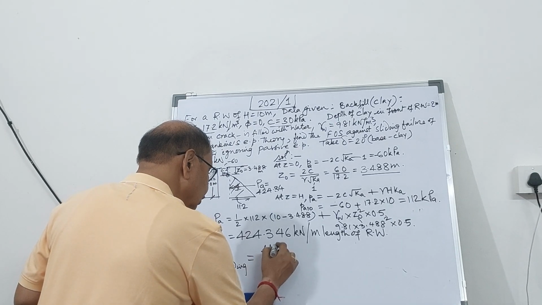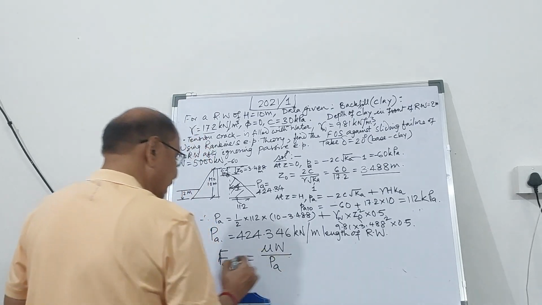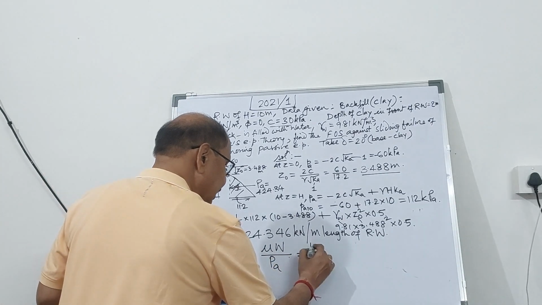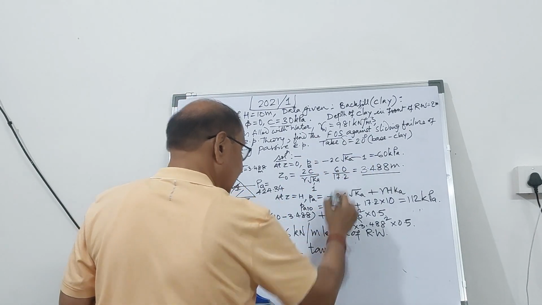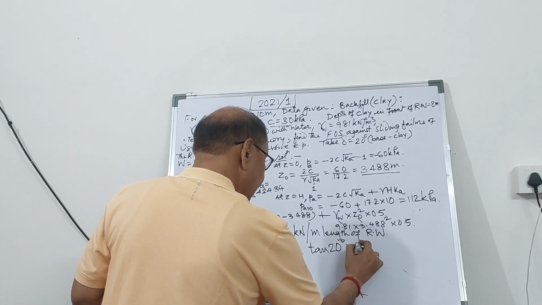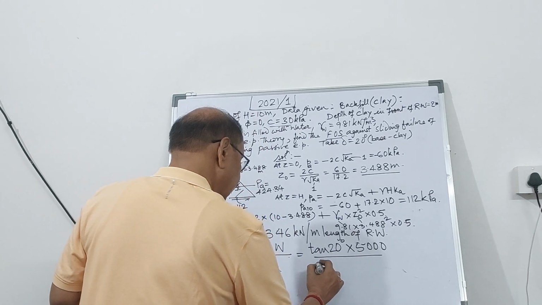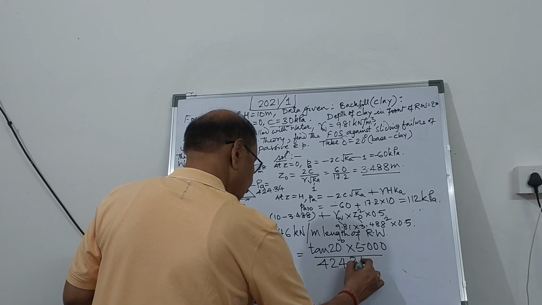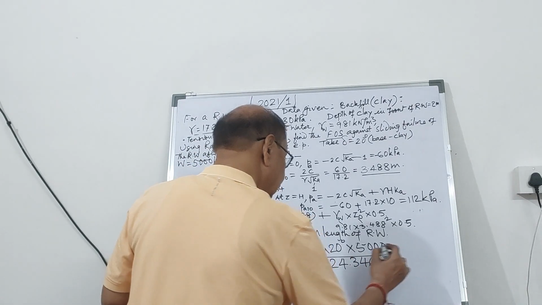So mu times W divided by PA is the factor of safety against sliding. Now mu is tan delta, and delta is given as 20 degrees. So tan 20 degree multiplied by 5000 divided by 424.346. So this will be the factor of safety.